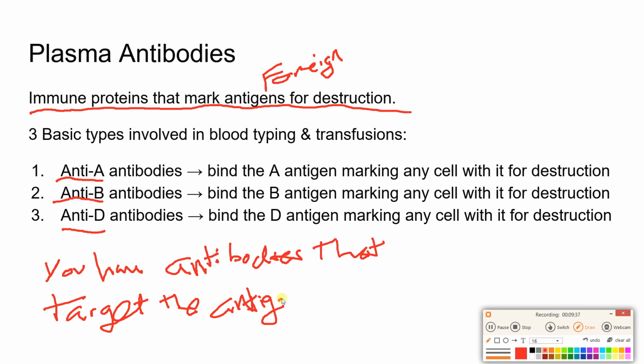So you have antibodies that target the antigens that you lack. Okay? All right. So let's consider me, for example.